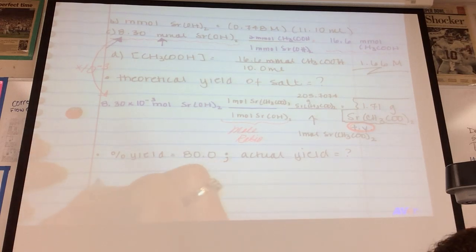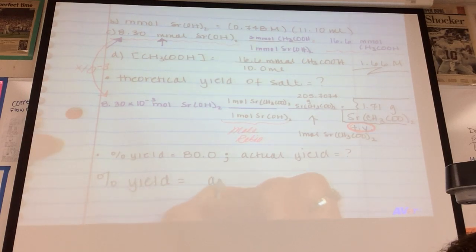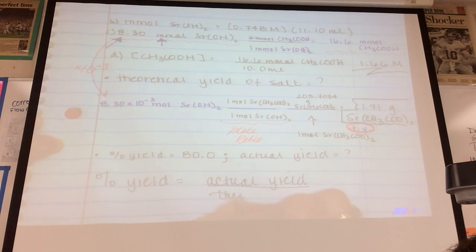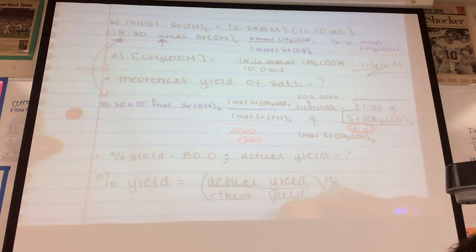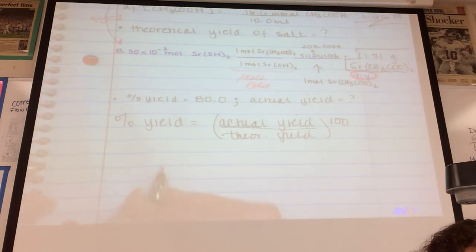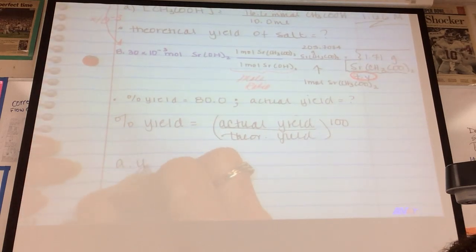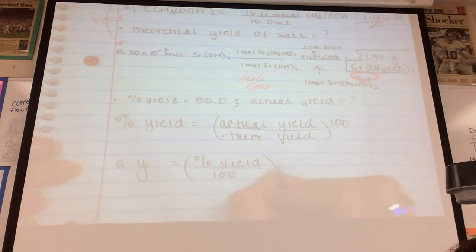You know from a previous chapter that the percent yield is equal to the actual yield over the theoretical yield times 100. So if you wanted to know the actual yield, that's the percent yield over 100 times the theoretical yield.